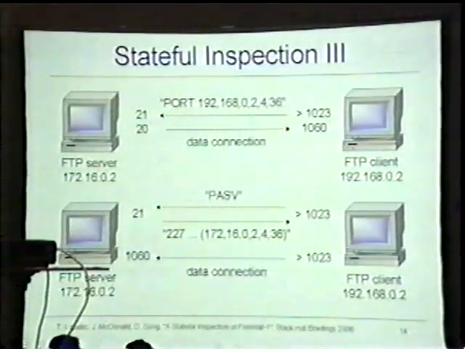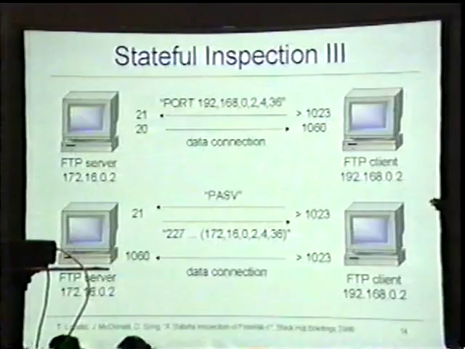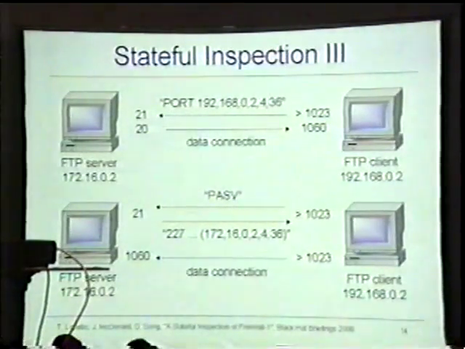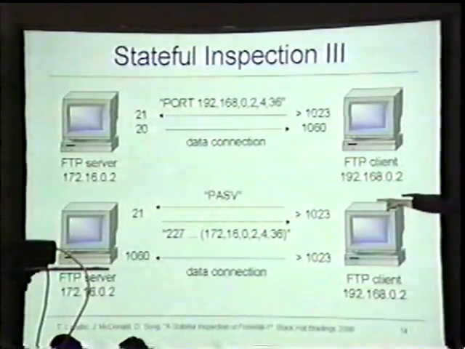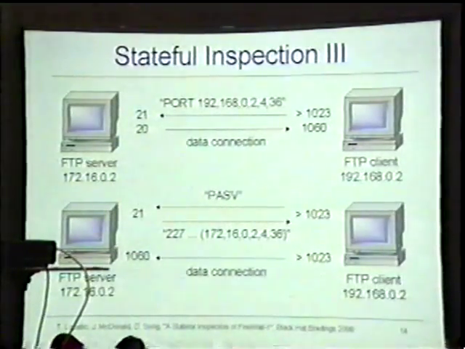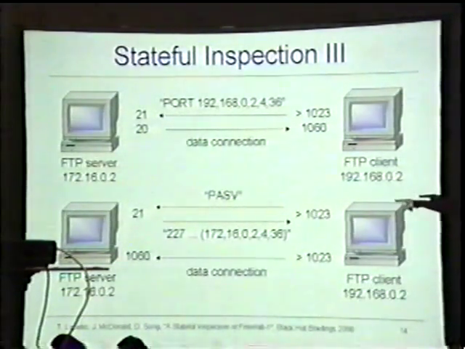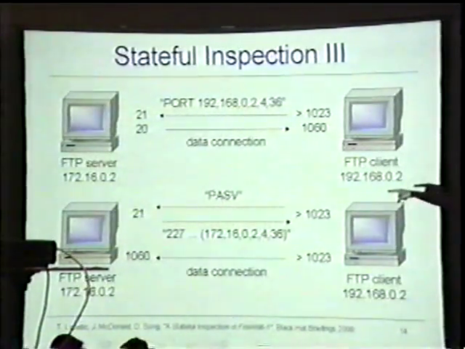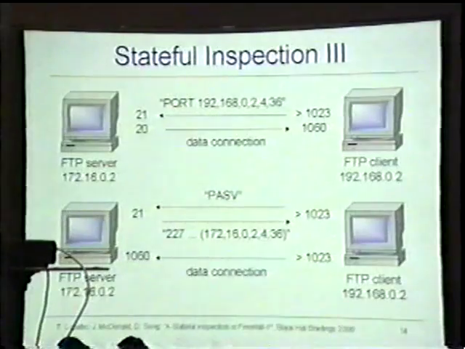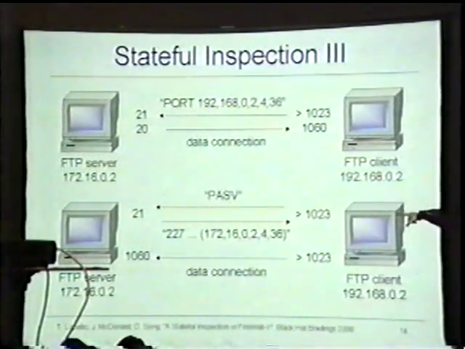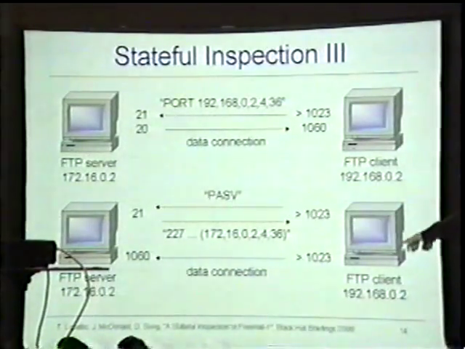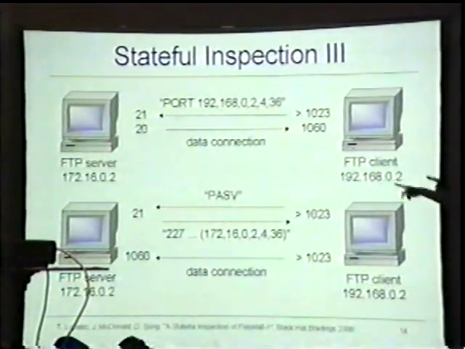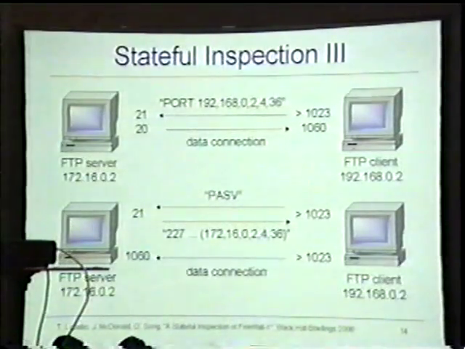So the same thing is true for the passive case. You have a passive connection, the client sends PASV. PASV is ignored by the firewall, but if the firewall sees a 227 reply, that's the normal reply to a passive command. If the firewall sees a packet that begins with 227 space, and which is coming from port 21, then it thinks that this is a passive reply and will make a corresponding entry into the pending table, again, this time from the client to the server, because in the passive case, the control connections and the data connections are from client to server.